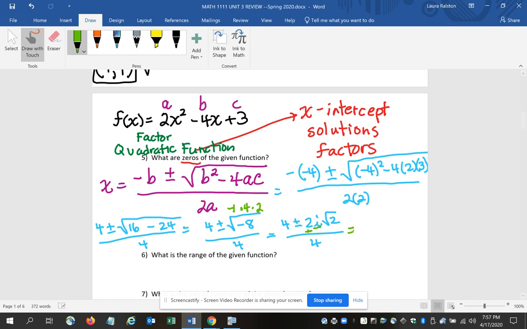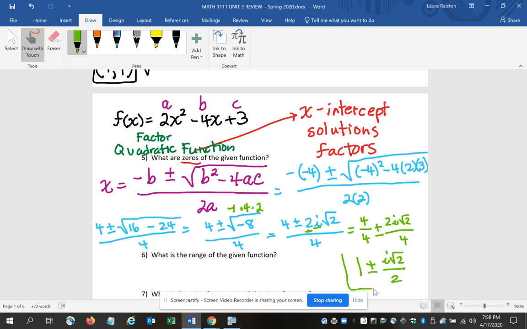If I separate this out, I'd have 4 over 4 plus or minus 2i square root 2 over 4, which then simplifies to 1 plus or minus, 2 goes into 4 2 times, so it becomes 1 plus or minus i square root 2 over 2.